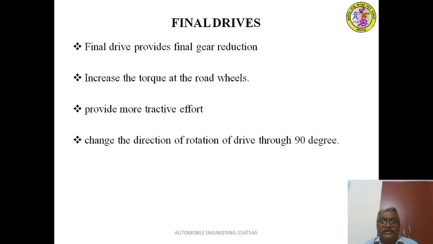Consider the engine speed is 6000 rpm. Then the wheel speed is 500 rpm, 6000 divided by 12. So the engine speed of 6000 rpm is reduced to 500 rpm at the wheels. This much reduction of speed increases the torque at the road wheels.